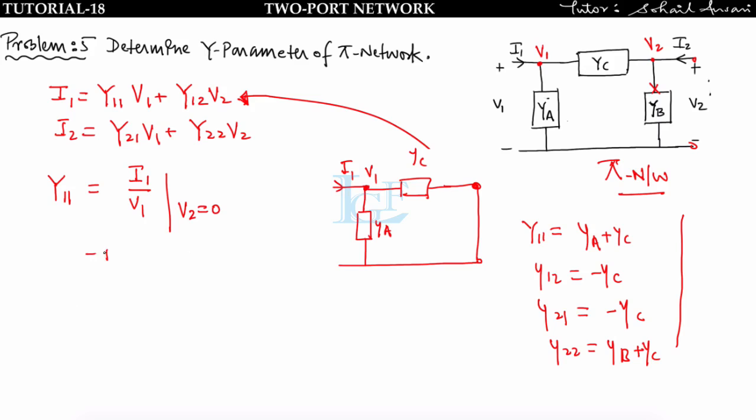You will get minus I1 plus V1 YA plus V1 YC. So I1 upon V1 is equal to YA plus YC. In this way you can find the different Y parameters, that is Y11, Y12, Y21 and Y22, by short circuiting the input and output terminals.